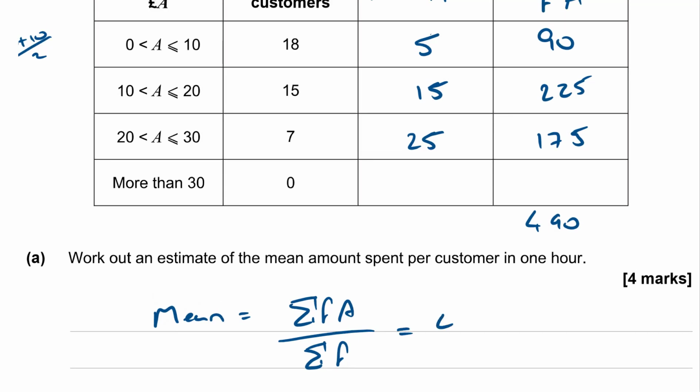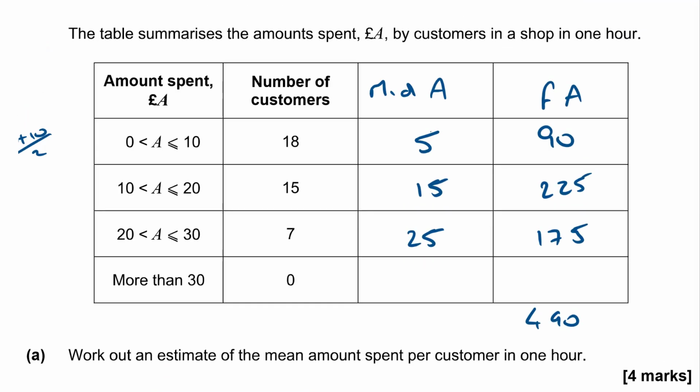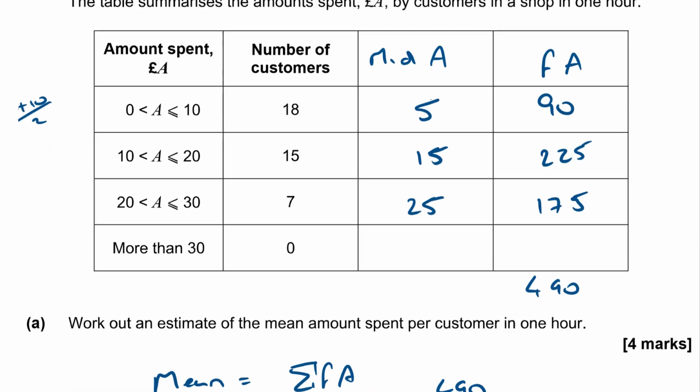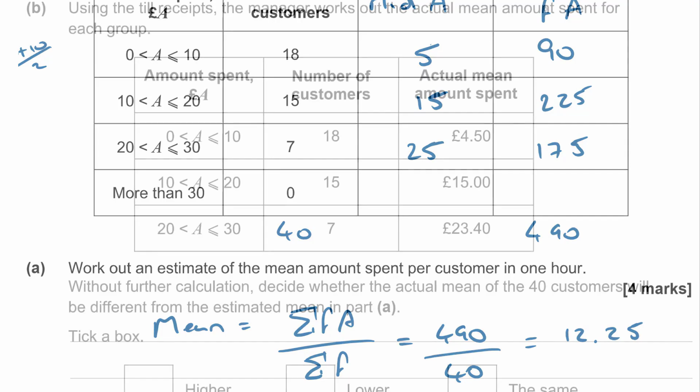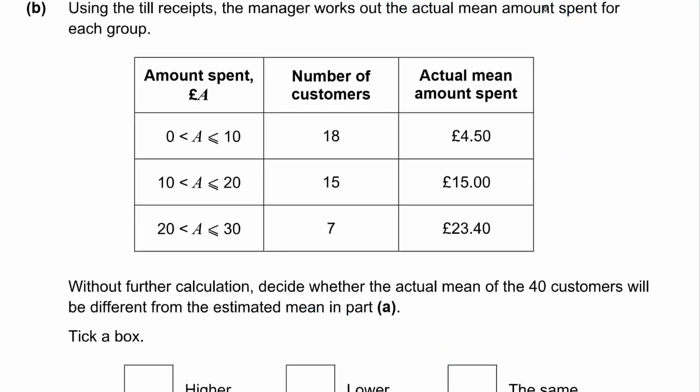So that is 490 divided by, oh, they didn't give us the total, so it's the total of this one. So 18 plus 15 plus 7. What's that? 40. Giving us a mean spend of £12.25.